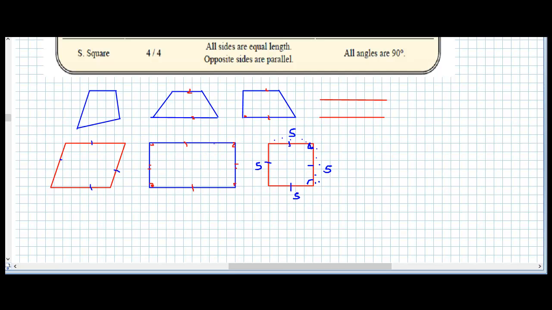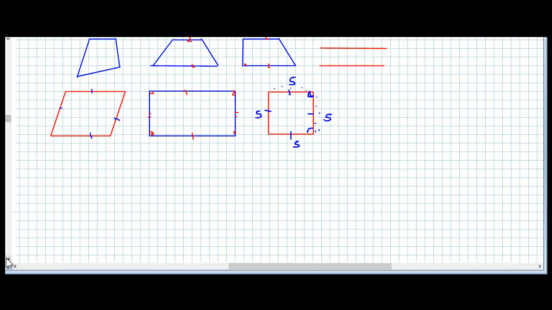Okay? Then the last one is also a parallelogram. Each opposite sides are parallel, and all sides are equal. So this side is equal to this side, equal here. But the angles are not equal.